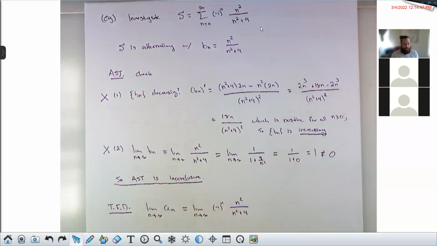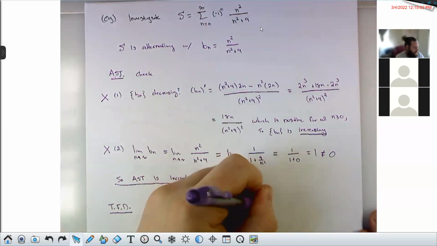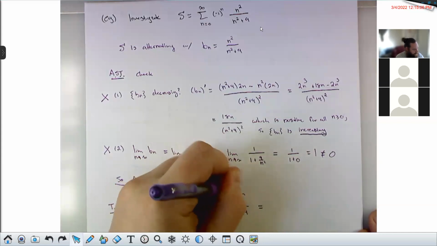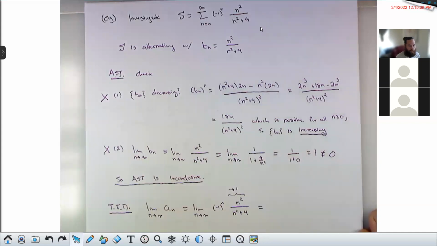There's a few ways to attack this limit. We know that an goes to 0 if and only if the absolute value of an goes to 0. That was one of our theorems from 11.1. Or you can say that this piece, we just showed that this piece goes to 1.